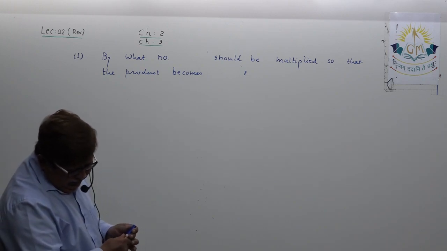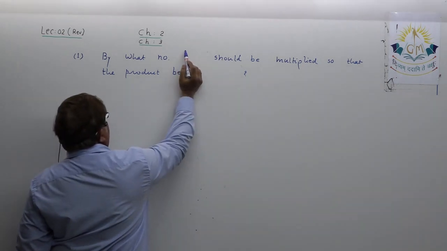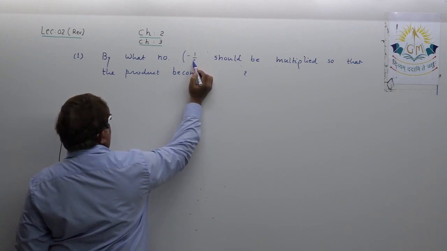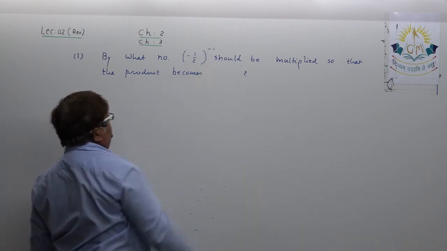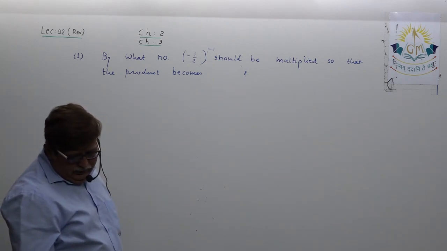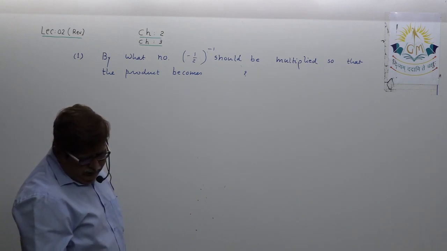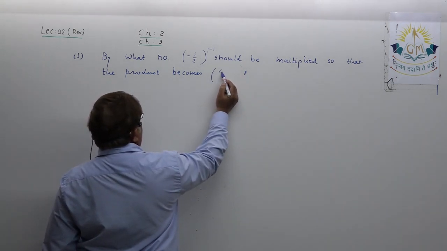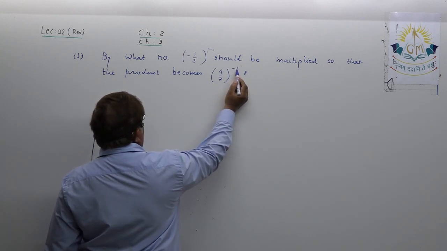By what number, minus 1 upon 2 raised to the power minus 1 should be multiplied so that the product becomes 4 upon 7 raised to minus 1.